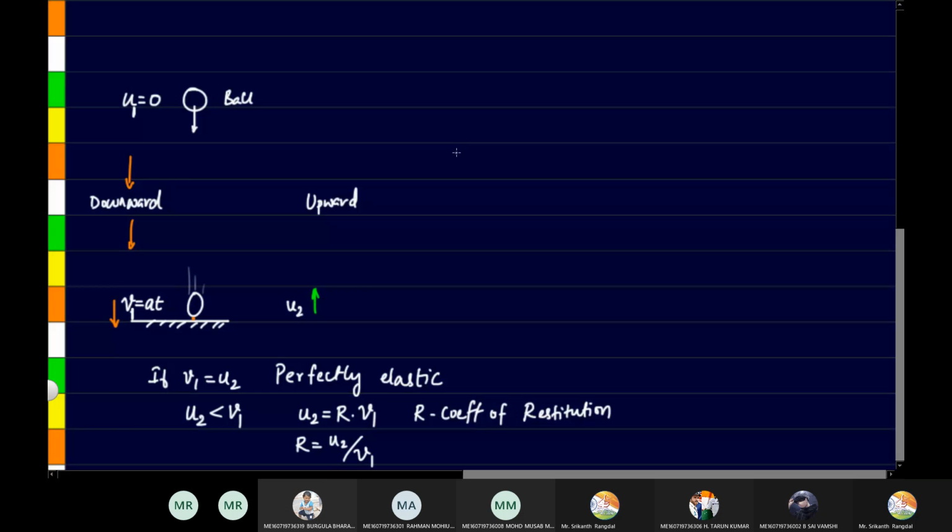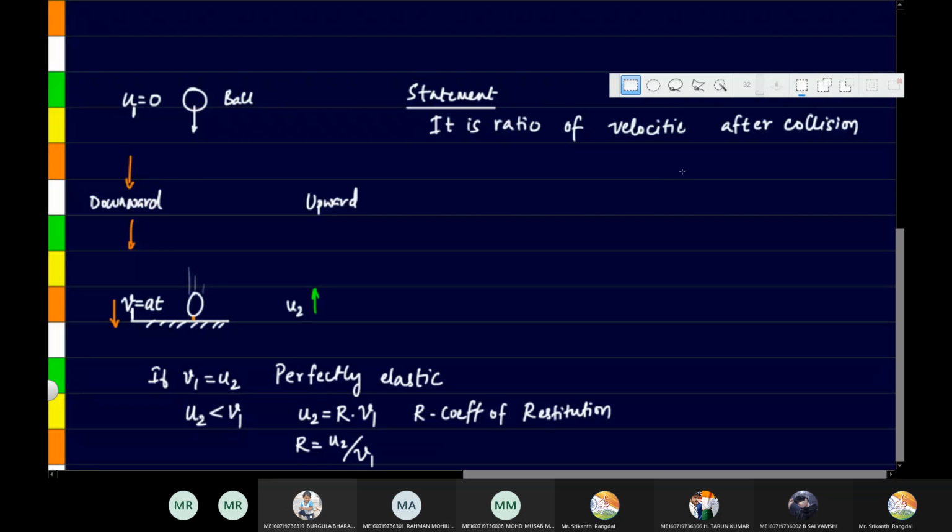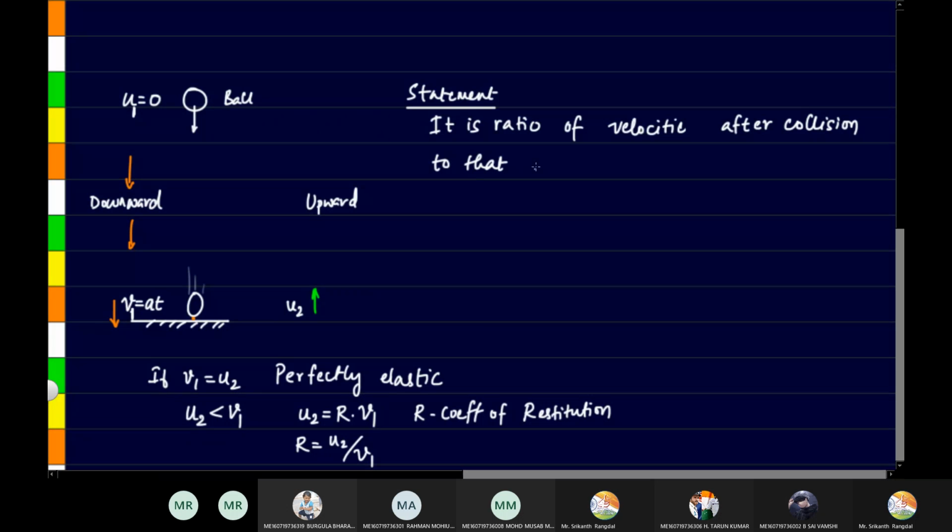If you want to write the statement of coefficient of restitution, you have to write: it is the ratio of velocity after collision to the velocity before collision.